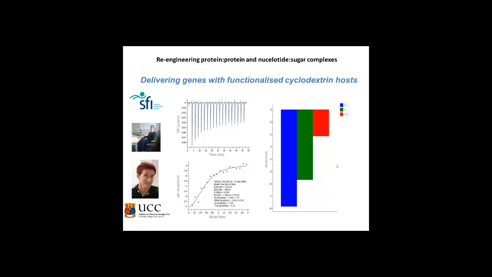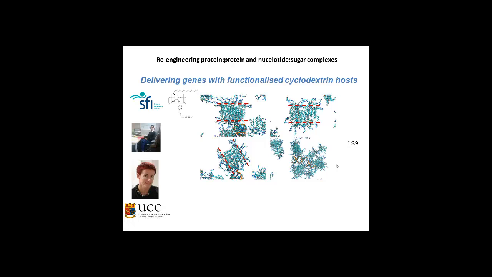And the guys in Cork did some calorimetry experiments which backed up our conclusions on this. So again, it's a nice example, I think, of predictive modeling of something that's, I would say, impossible to see using experiments alone. So what we see is that these siRNA are naturally negatively charged. These molecules serve as an ideal template around which the cation-functionalized cyclodextrins rapidly assemble into stable multimers.